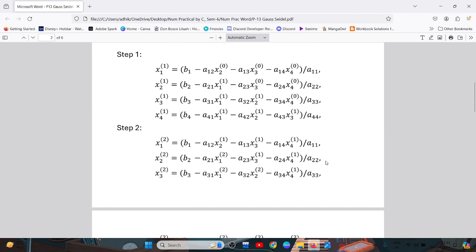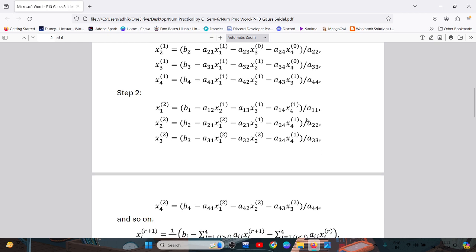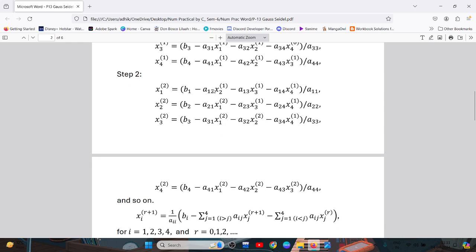In the first equation, i is less than j, so we use x2 from the previous step 1. But in a21, i is greater than j, so we use x1 from step 2, the r plus 1 step.